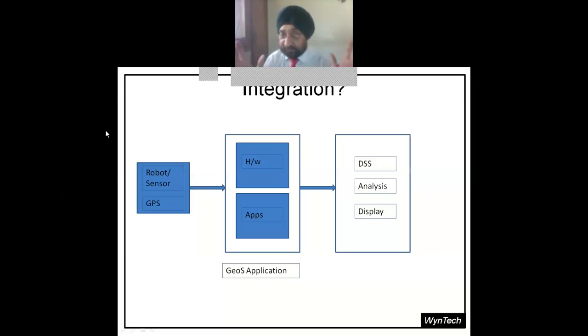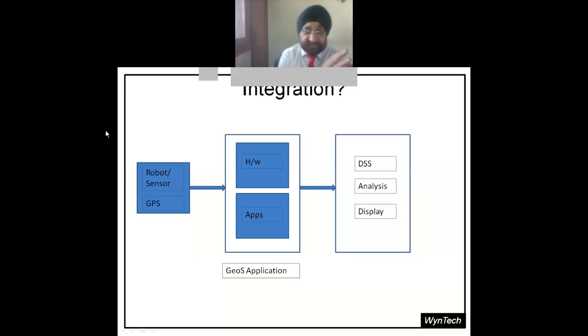Now we will emphasize how we are integrating these 3 things to get the smart city application, how we are integrating sensors with the GIS application to give an efficient application for smart city. This is probably the last part of the presentation.